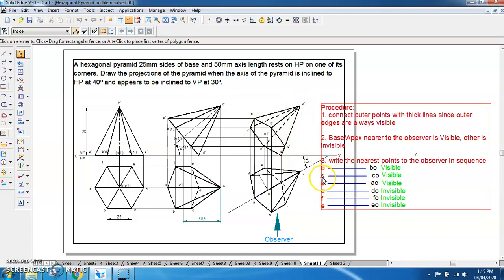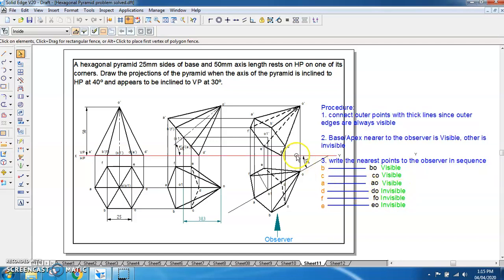Then we have the slant edge passing through the second nearest, which will be visible. The second nearest point is C and the slant edge passing through C is CO. So that CO has to be marked visible. Already CO is marked as visible because it is forming the outer border. Then the edge passing through the third farthest, that is D. The third farthest point is D and the edge passing through D is DO.